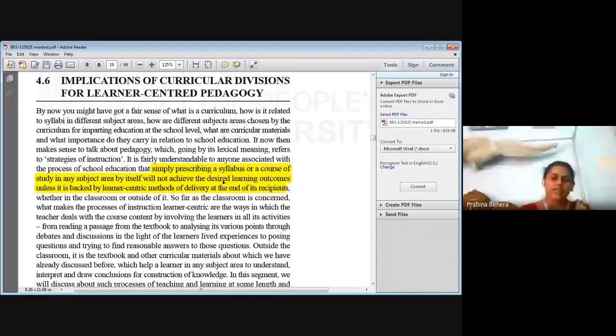If we are adopting learner-centered approach, learner-centered pedagogy, then we must design our methodology, the process of teaching learning, and the curricular material. We also make different innovative strategies to make our teaching learning process effective and interactive, whether inside the classroom or outside of it.